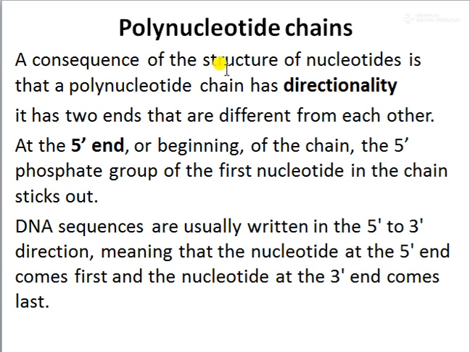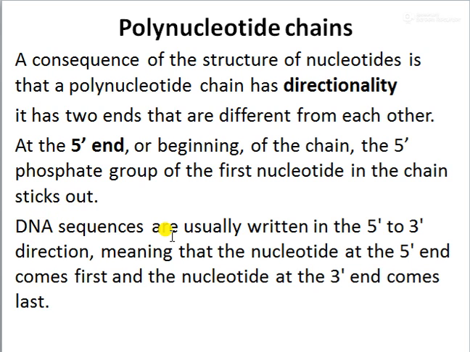Polynucleotide chains. A consequence of the structure of a nucleotide is that a polynucleotide chain has directionality. It has two ends that are different from each other. At the 5 prime end, or beginning of the chain, the 5 prime phosphate group of the first nucleotide in the chain sticks out.